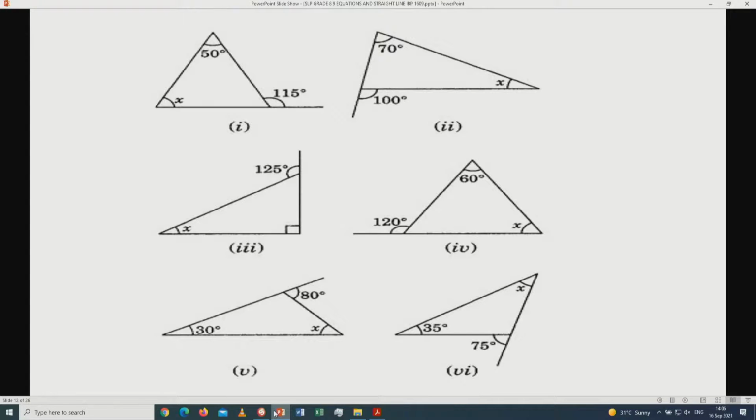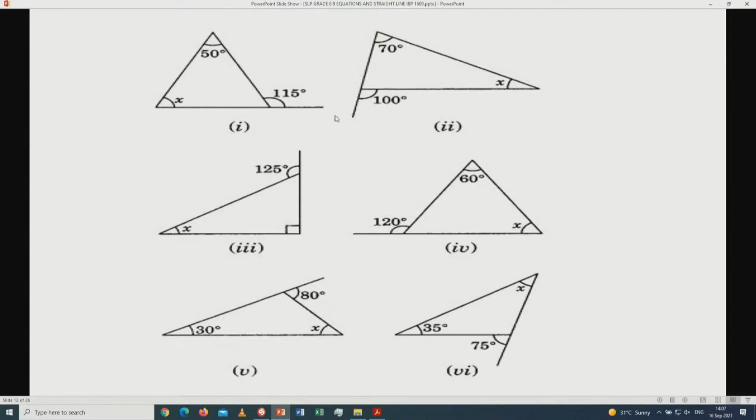Right. Just as a reminder, you still remember: an exterior angle of a triangle is equal to the two interior opposite angles.